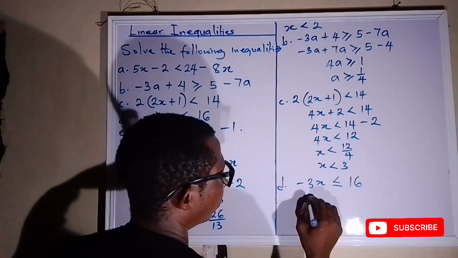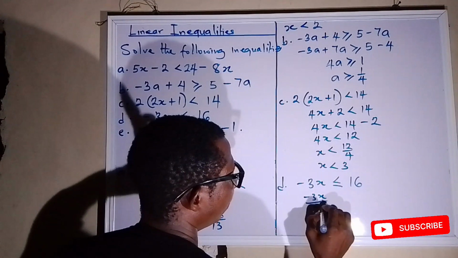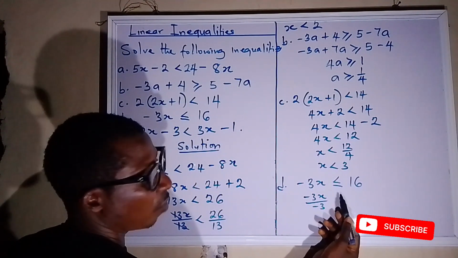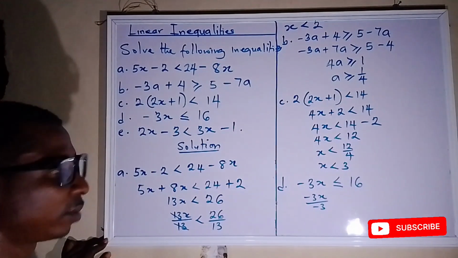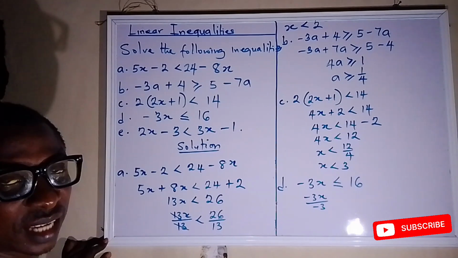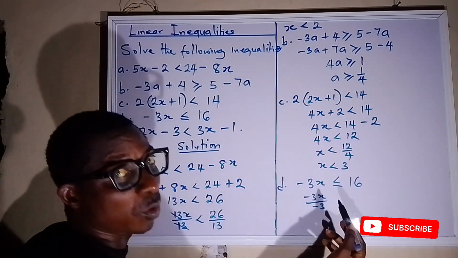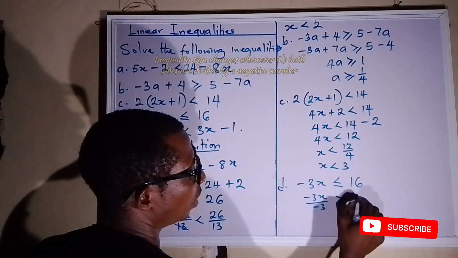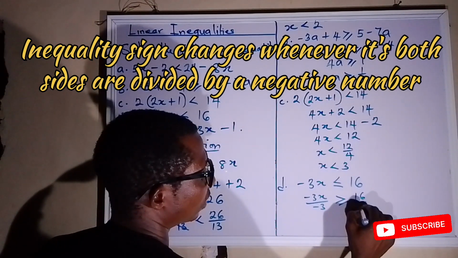So this one becomes minus 3x over minus 3. Now the sign will change. Whenever you are dividing both sides of an inequality with a negative number, the sign changes. So this one is less than or equals to, so it will change to greater than or equals to 16 over minus 3.